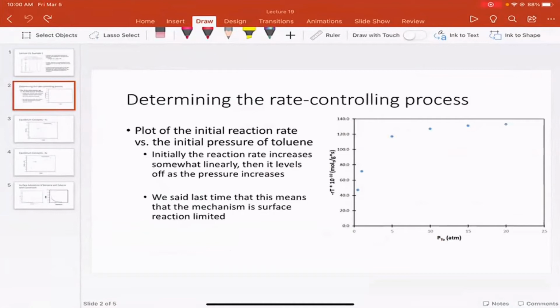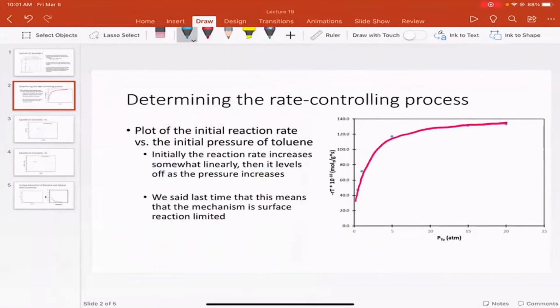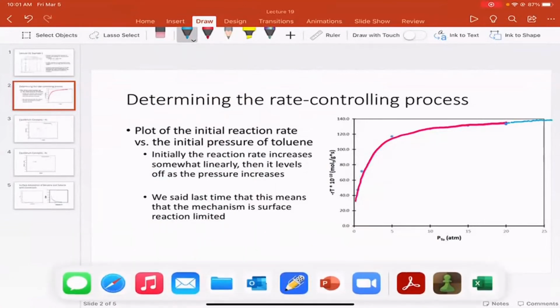So my eye initially wanted to say, oh look, it's about 135, right? But it's still not quite flat, but the slope is changing. And so upon further review, I thought, well, maybe it'll flatten out up there somewhere.